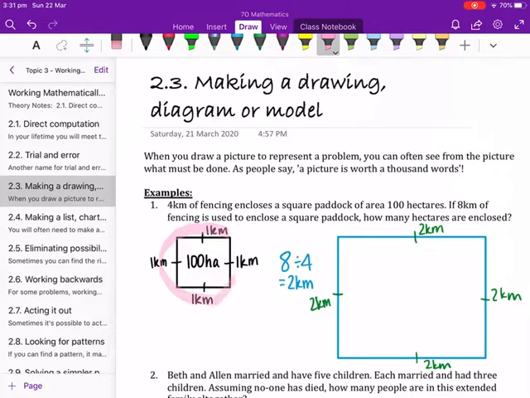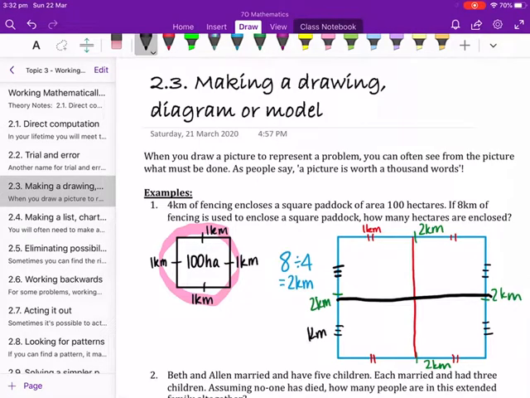Well, what we know from our shape over here is that when we have 1 kilometre around each side of the fencing, we have 100 hectares. So if we break this up so that it has 1 kilometre on each side, that's 1 kilometre, 1 kilometre, 1 kilometre, and 1 kilometre. And then we break it up again, but going this way. So we have 1 kilometre on this side.